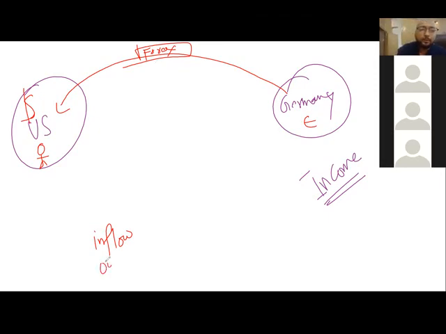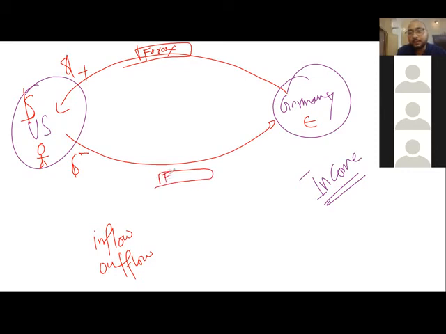And what is outflow? From the USA to Germany. When dollars are going out from the US but received in Germany as euro. All this outflow and inflow is with your reference, where you are.